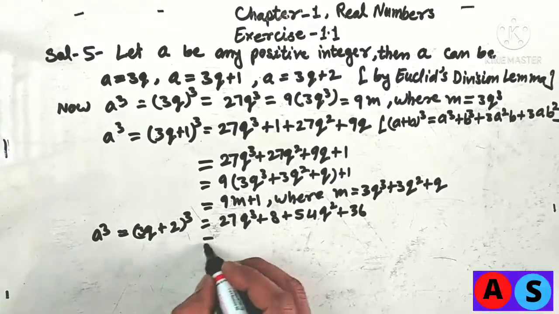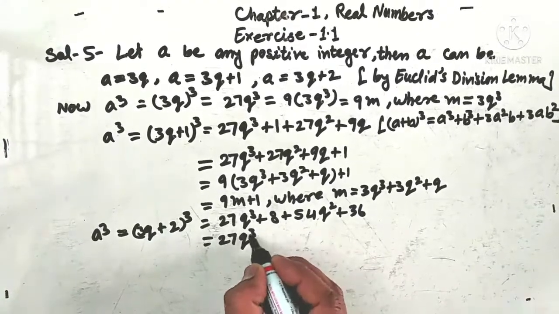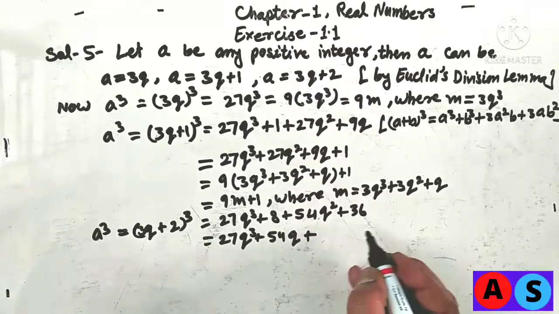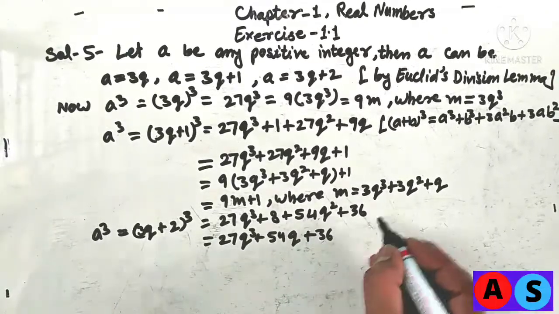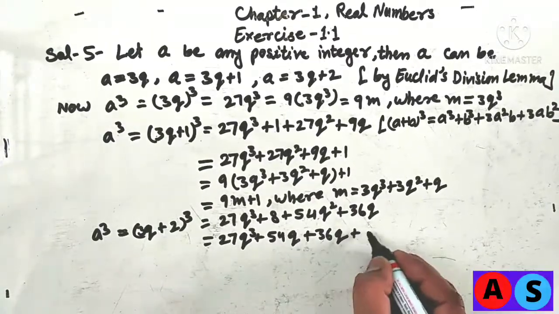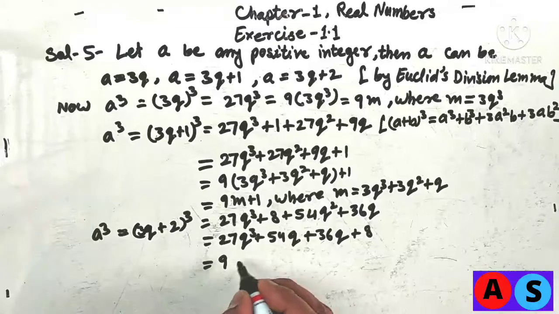Now we arrange the terms. 27q cube plus 54q square plus 36q plus 8. We take 9 as a common factor.